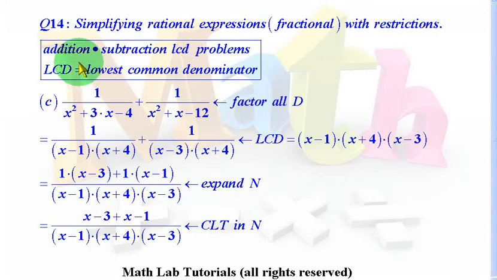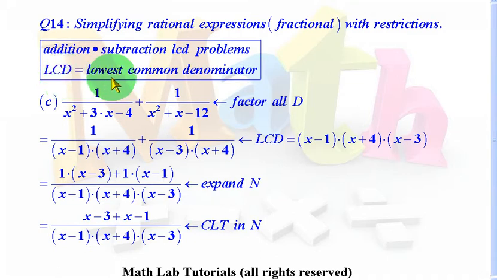This type of problem will involve addition and subtraction, and specifically they're LCD problems, lowest common denominator problems. Sometimes I'll write LCD in lowercase, sometimes in uppercase. I guess it depends on how I feel that particular day.